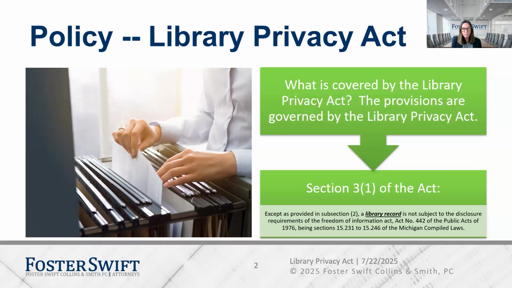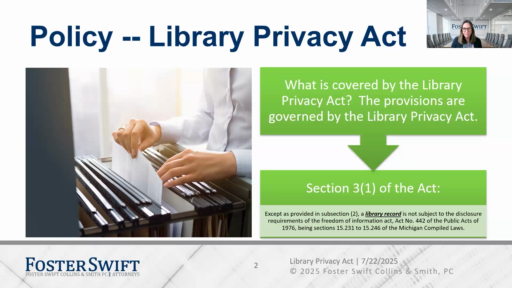There were fairly recent amendments that allow libraries to disclose records under certain circumstances, and that's the except as provided by subsection 2, and we're going to get into a lot of that. But the overall premise and where we start is if it's a library record as defined under the statute, it's generally not subject to disclosure under FOIA unless there's a specific provision that says otherwise.